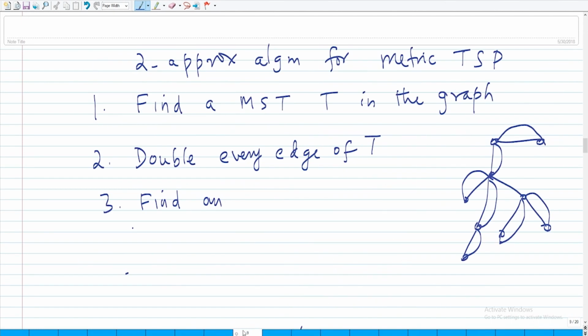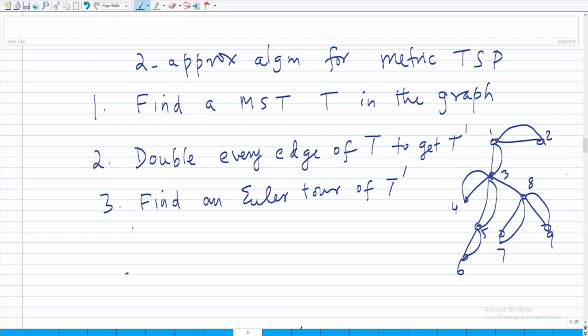Let us call this T prime, and find an Euler tour of T prime. You can do all of this in linear time, the spanning tree is some m log n kind of time.